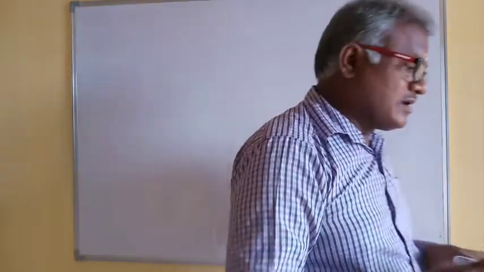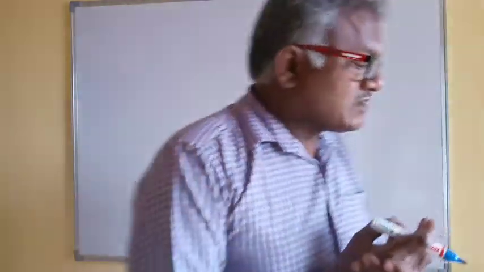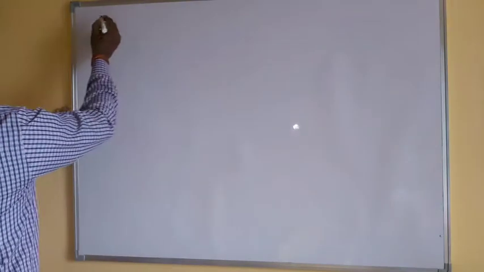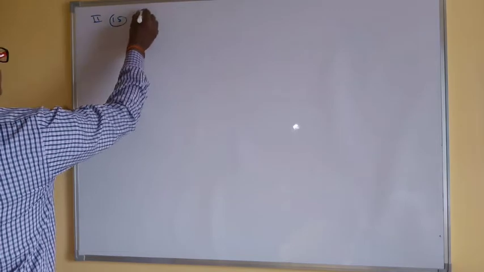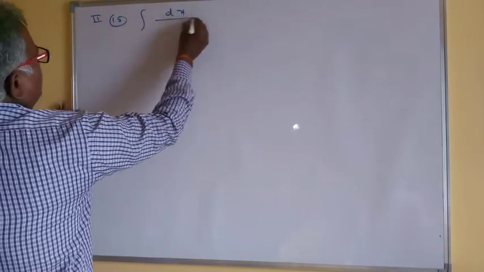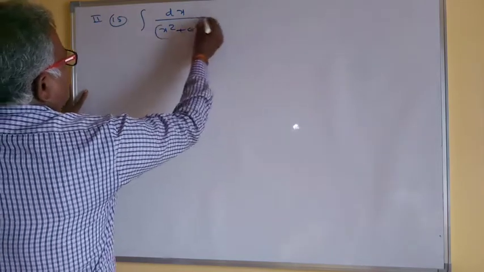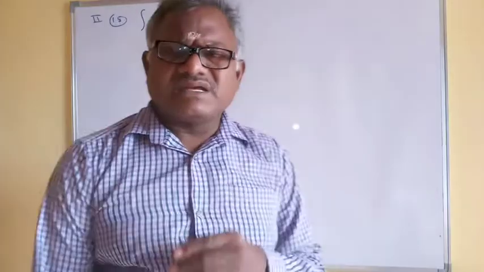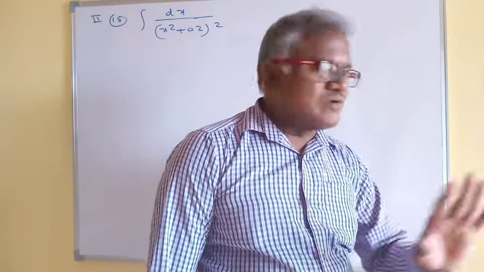Next one. 13th is over, 10 already done, 14 and 17 already over. So the 15th question, question number 15, Roman number 2, exercise 6C: integral dx by (x square plus a square) whole square.